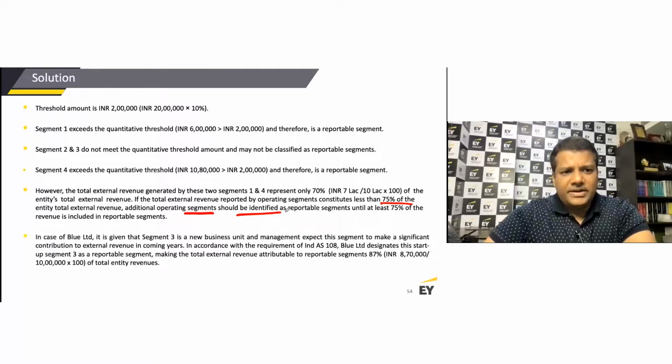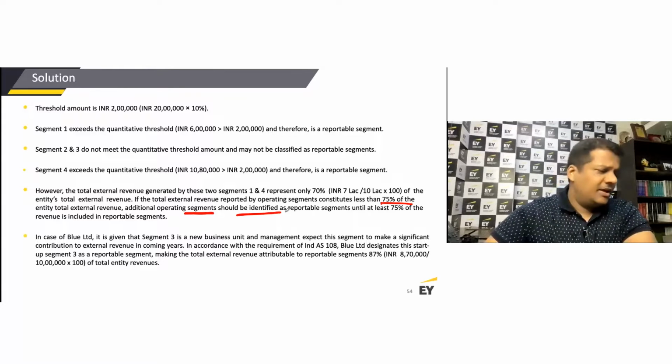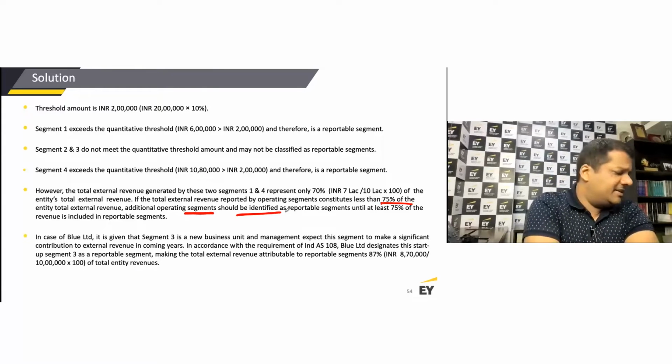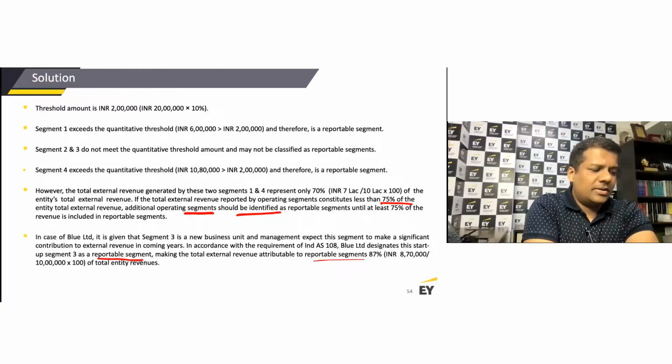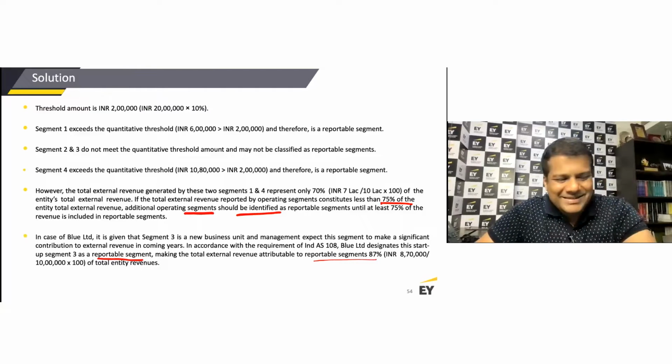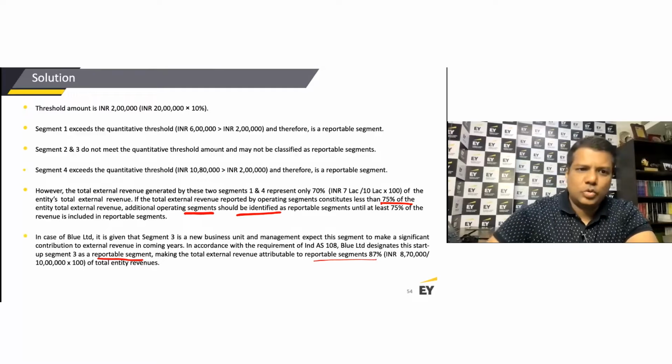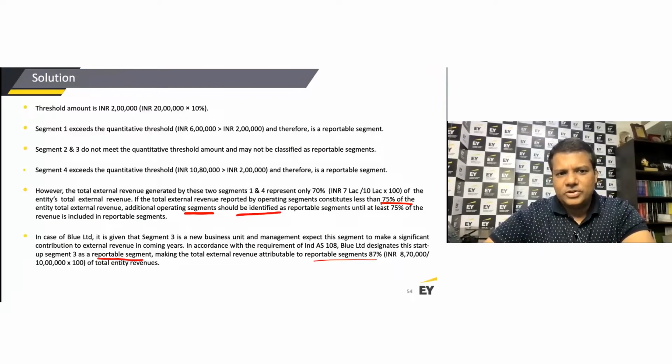In the case of Blue Limited, it is given that segment 3 is a new business unit and management expects this segment to make a significant contribution to external revenues. So Blue Limited designates this segment also as a reportable segment, making the total reportable segments 87% of the total entity revenue. So that's how you get to your disclosures.